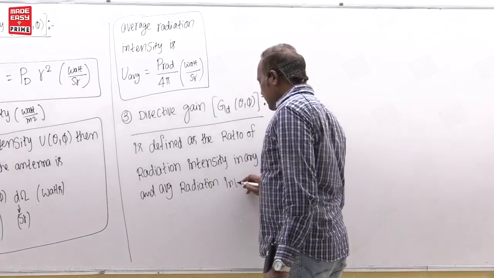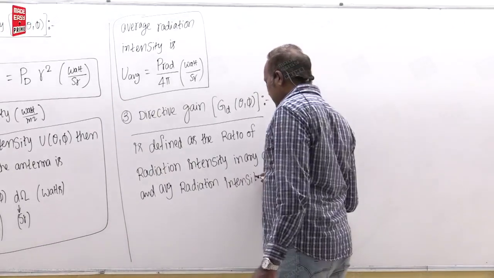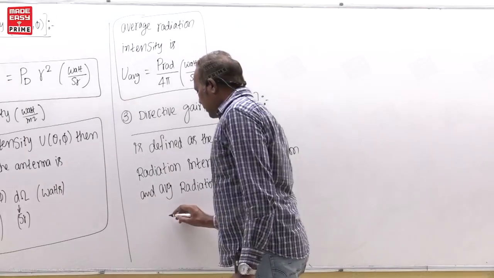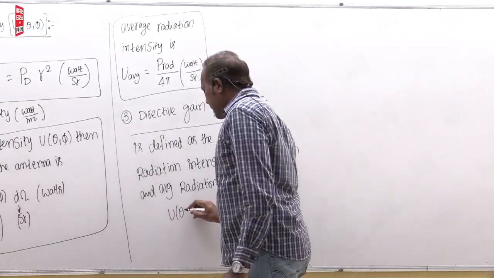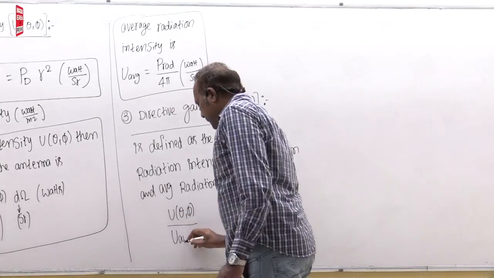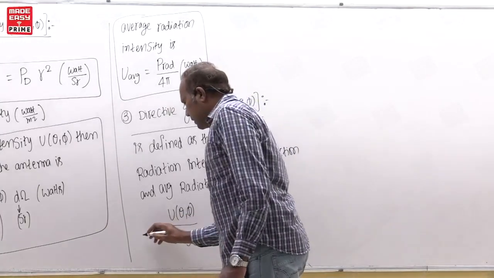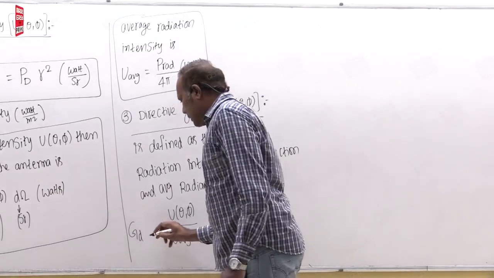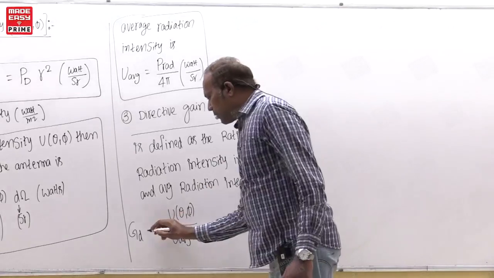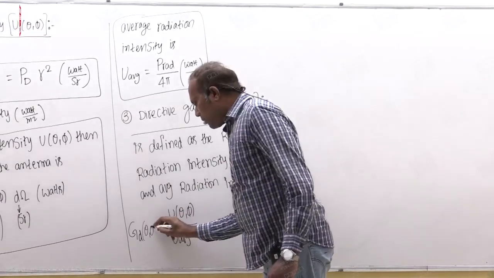The radiation intensity in any direction is U(theta, phi). Divided by the average radiation intensity, this is defined as directive gain. The average value is constant, but the gain is a function of theta and phi.